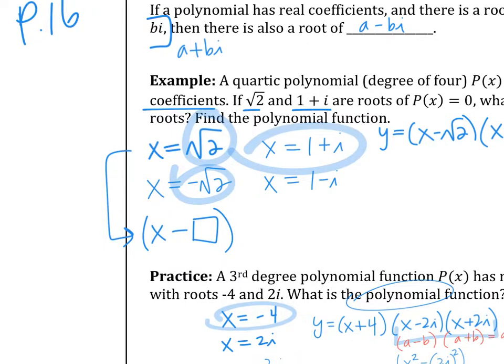If the root is 1 plus i. Let's have you talk to your partner, so at least you have someone else to think. If the root is 1 plus i, what is the factored form? Talk to your partner.